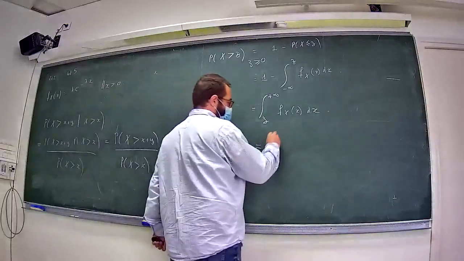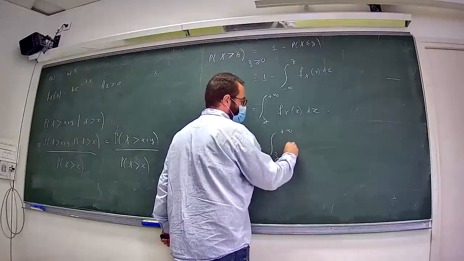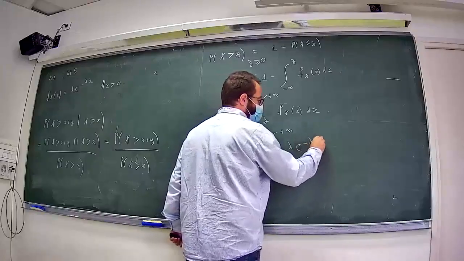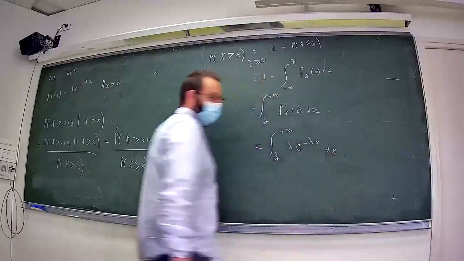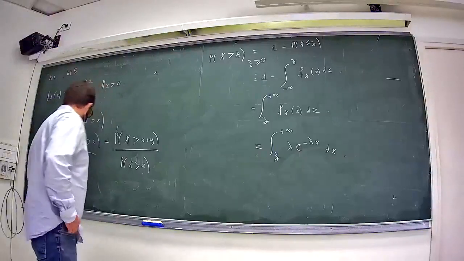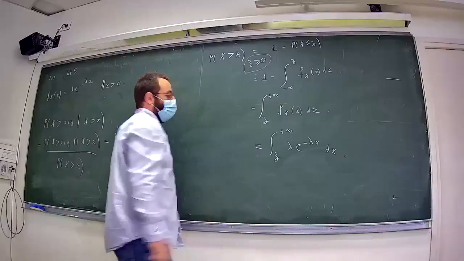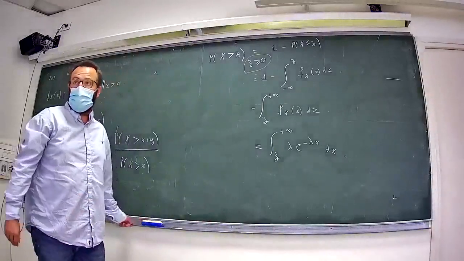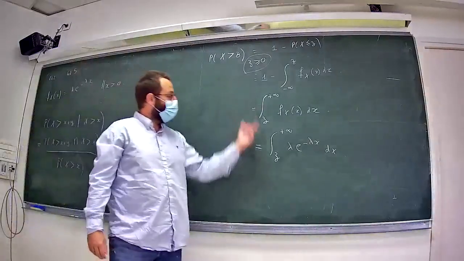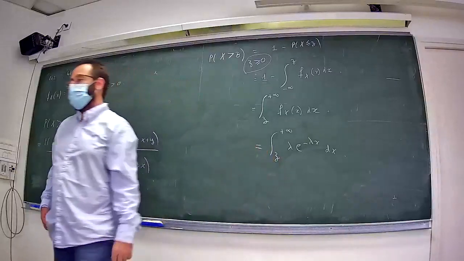So here, it's the integral from z to plus infinity of lambda exponential minus lambda x dx. And here, implicitly, I use the fact that my z is positive. If z is not, I don't have such a thing. If z is negative, I will have 0 instead of z here.